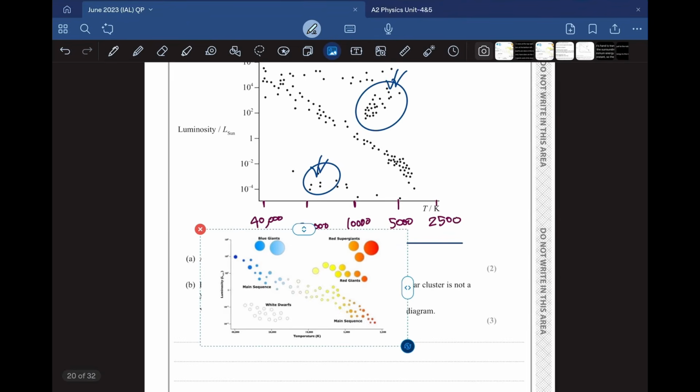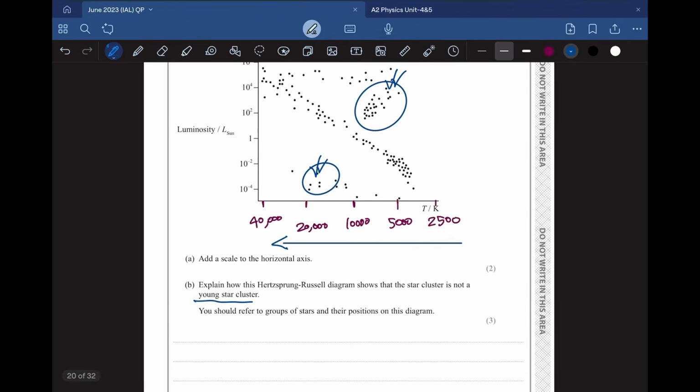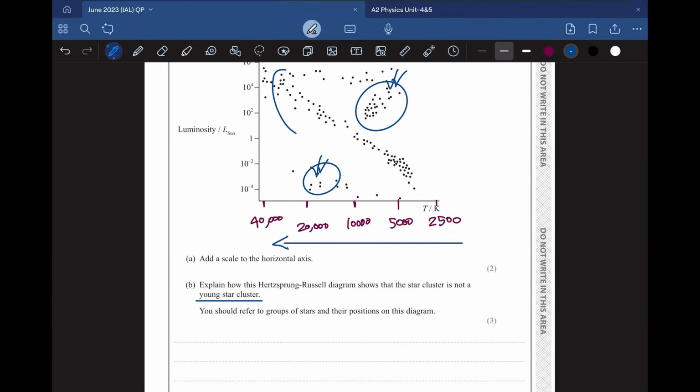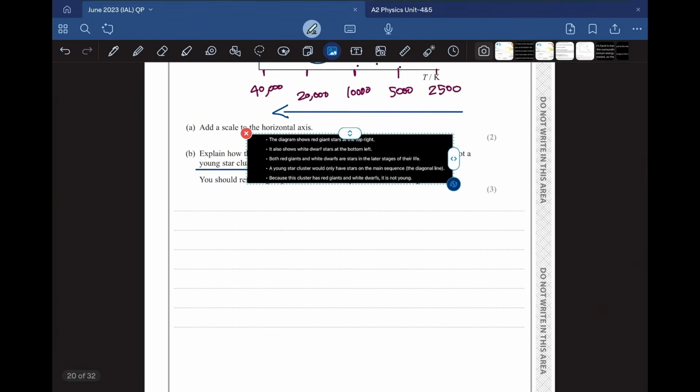In a young star cluster there is only this main sequence part. There is no red giant or white dwarf, because red giants and white dwarfs are the later stages of a star's evolution. So as there are red giants and white dwarfs, we can say it is not a young star cluster. The explanation will be like this.